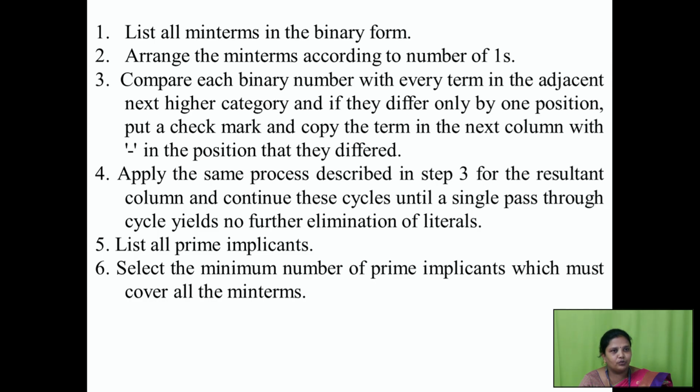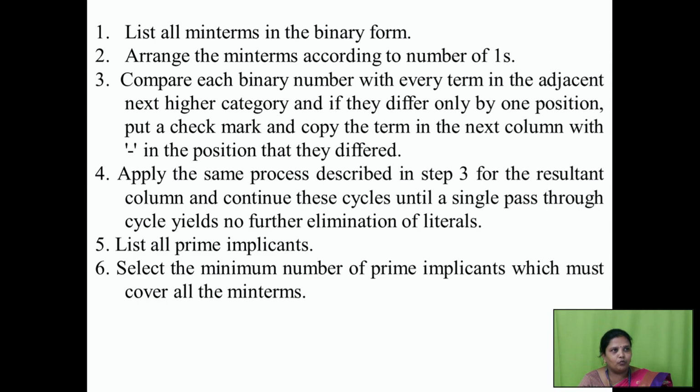So we are going to do the six steps. First we write the binary forms, and in the second step we write the minterms according to the number of ones. Then we compare each binary number with every term in the adjacent next higher order.